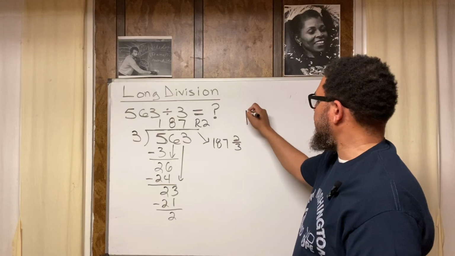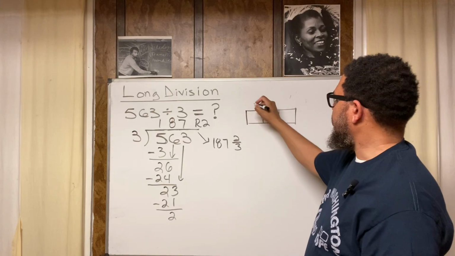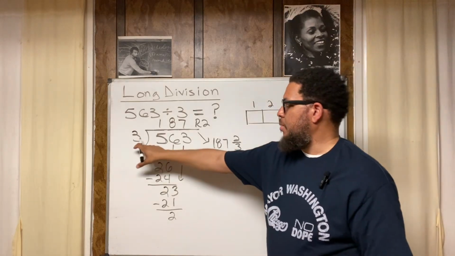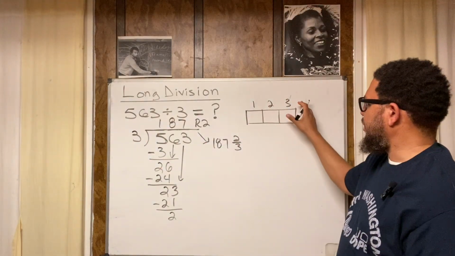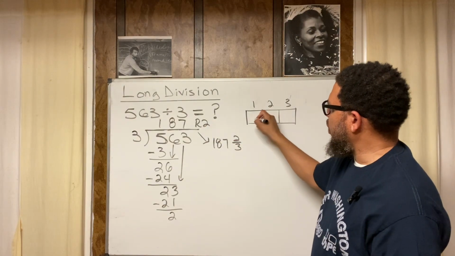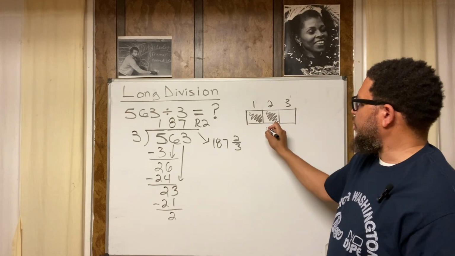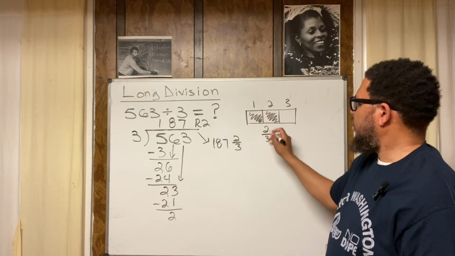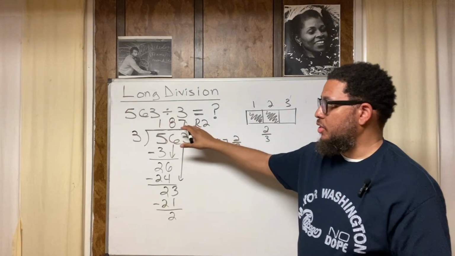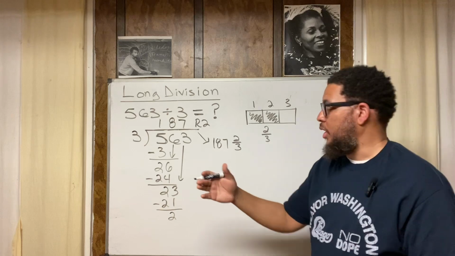Because think about it like this. I love drawing tape diagrams, right? So this is 1, 2, 3, right? Think about the divisor 3 like this. If there's a remainder of 2, that means 1, 2, right? This is 2/3. 2 of 3. Because 187 threes gives us 561.